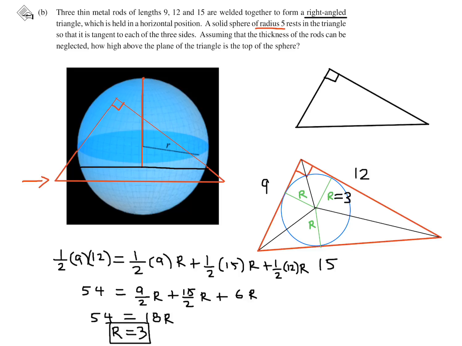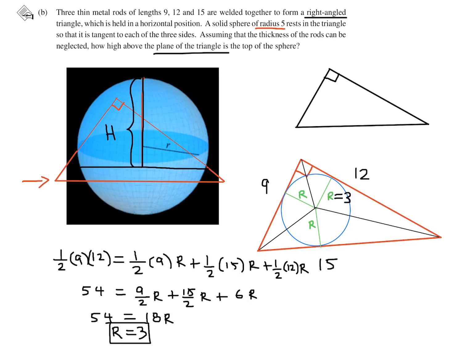All right? And they want you to figure out how high above the plane of the triangle, where the slice happens, is the top of the sphere. So basically from this plane all the way to the top, what is that height? So we'll label it something. Let's call it H.